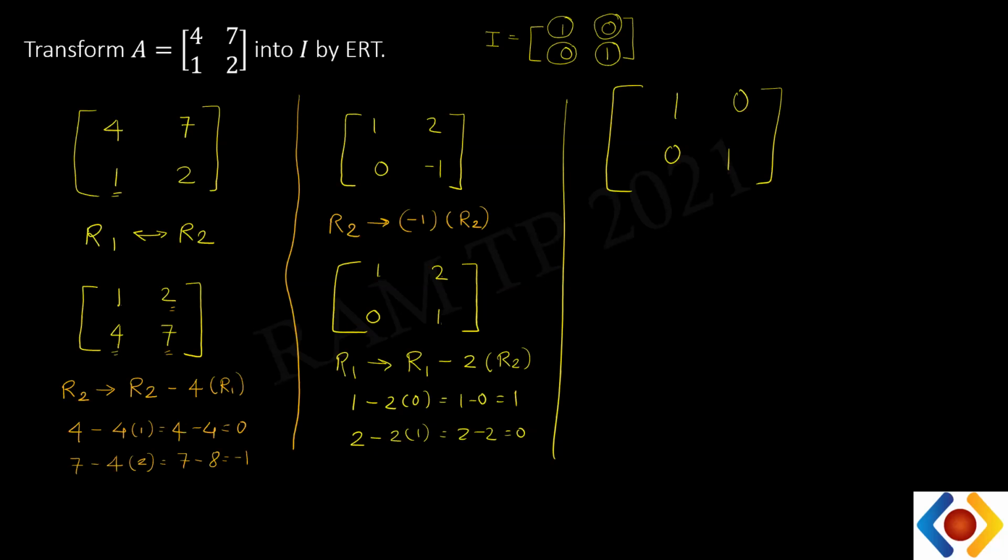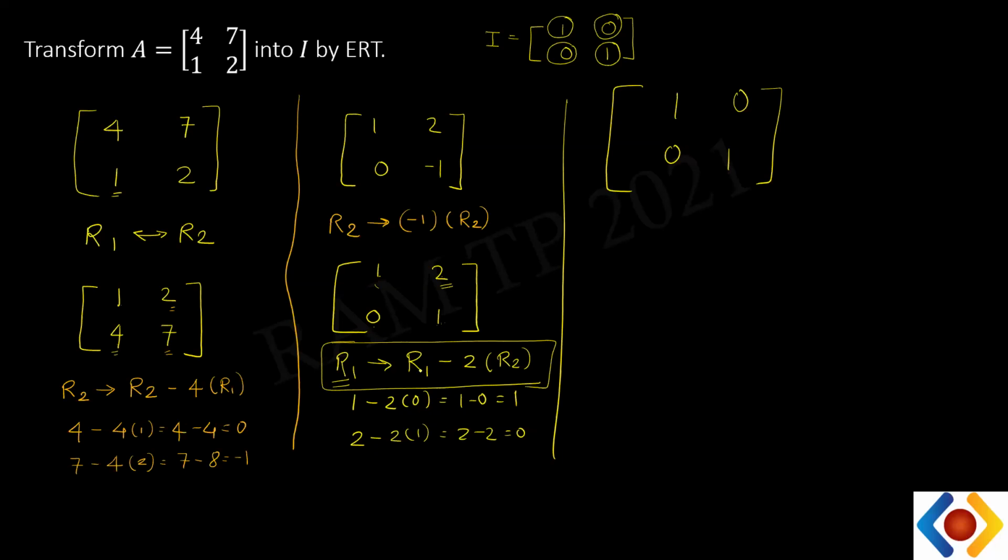Can you again explain the last step, sir? I went out accidentally because of power. So the last step. We now have 1 here, 0 here, 1 here. The only thing left is we want to make this 0, right? So we multiply this row by 2 and subtract it from row 1. We are changing the element from row 1, so I start with row 1.